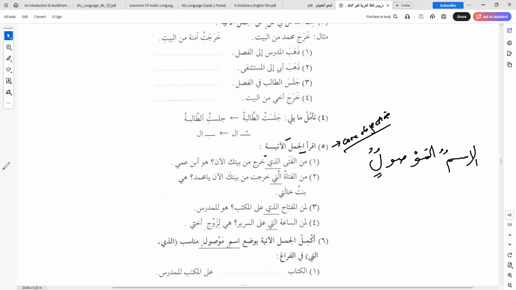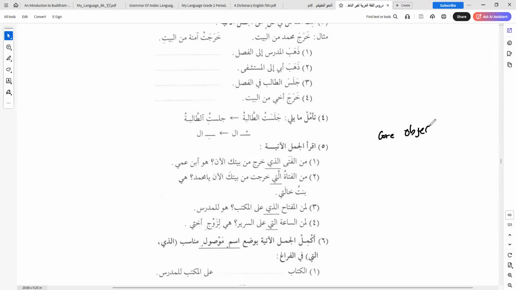So it depends on how you want to arrange it. But let's go by how, so say core objective here. So we are learning how to use ism mawsul.